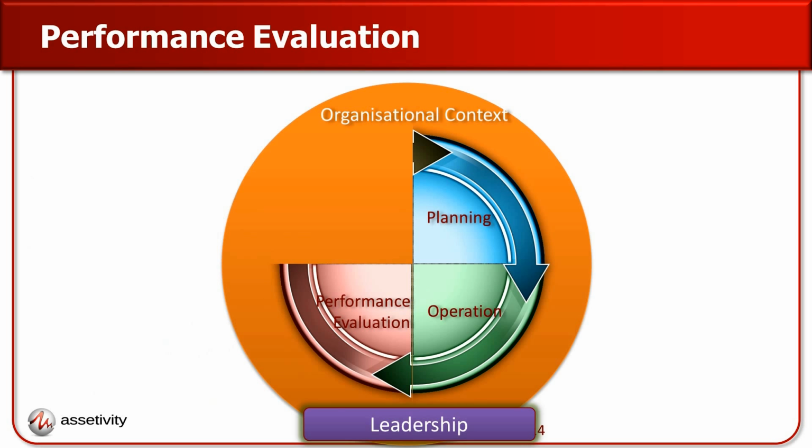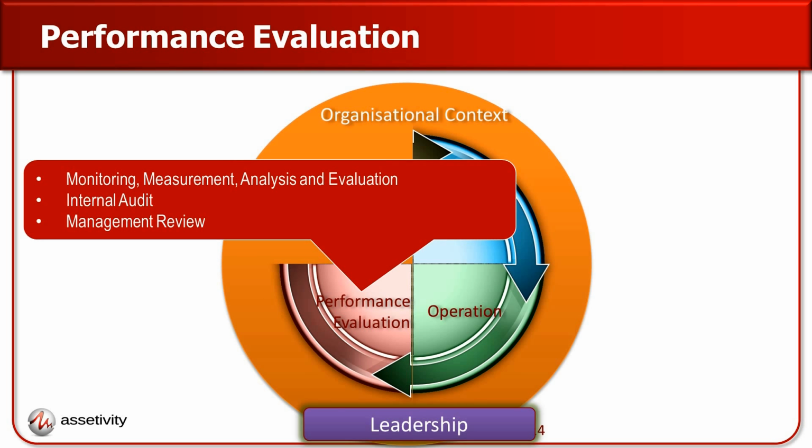The next element is around performance evaluation. So really what we're talking about here is putting in place the appropriate metrics to monitor and measure, but also the management systems to evaluate and control the performance based on those measures. There's also requirements around an internal audit process: how are you planning to internally audit compliance with your own processes?